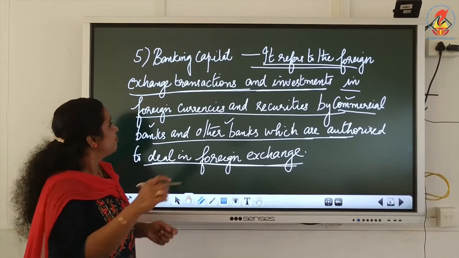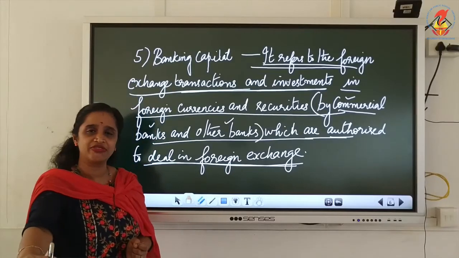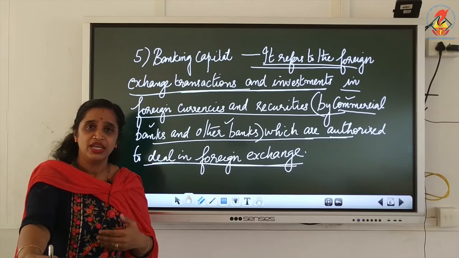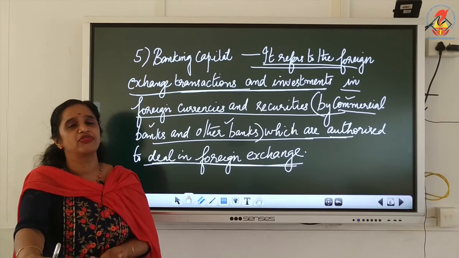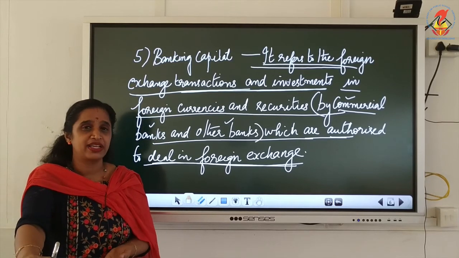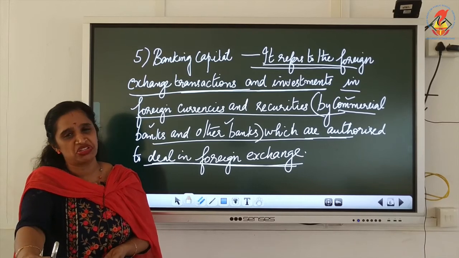It refers to the foreign exchange transactions and investments which are made by commercial banks and other banks which are authorized to deal with the foreign exchange. There are authorized dealers which are involved in the buying and selling of foreign exchange. Commercial banks and RBI play a very important role in dealing with foreign exchange reserves.